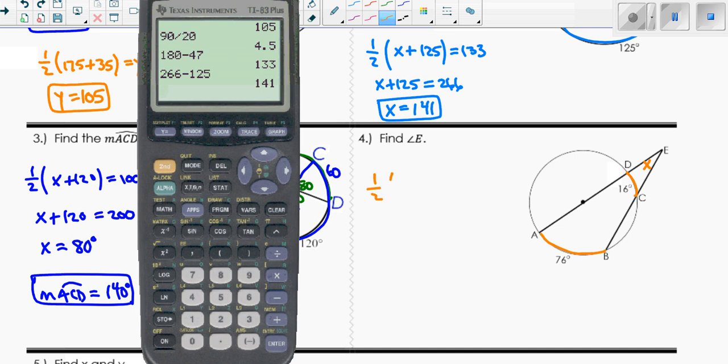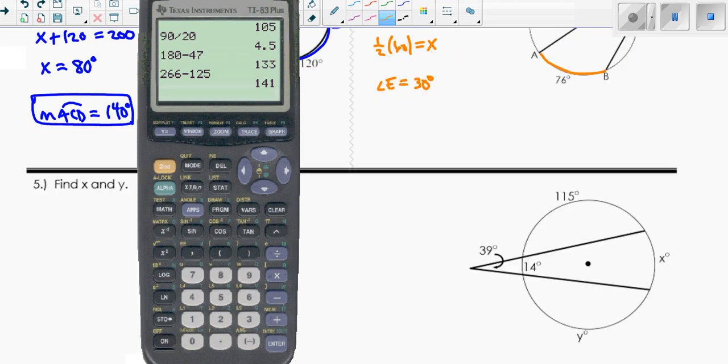So I'm going to say half of 76 minus 16 is equal to X. Notice that I keep setting up equations. That means I can put X wherever I want, and I'm always going to be able to solve it. Half of 76 minus 16 is 60. So that means that angle E is 30 degrees.